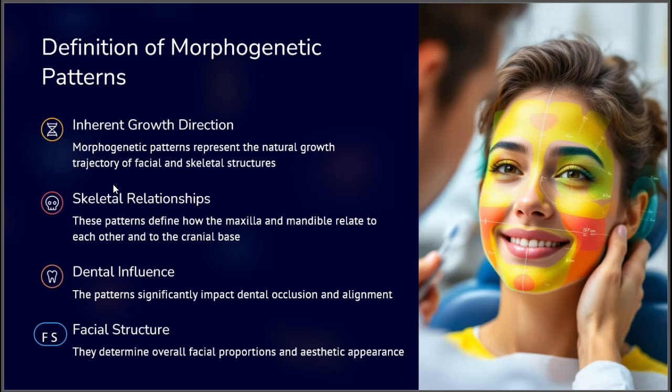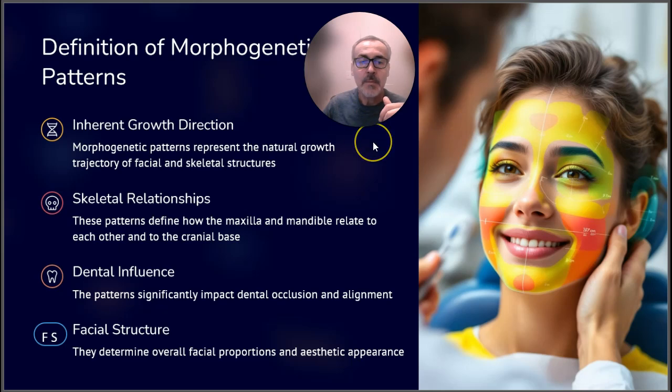When we're looking at the maxilla and mandible, they may have a more antero-posterior growth, and that will essentially determine the skeletal relationships: whether we're going to end up with a class 1, class 2, or class 3, or a balanced skeletal relationship, or a small mandible in a class 2, or an exaggerated growth of the mandible relative to the maxilla, or even an underdeveloped maxilla, which basically gives us that class 3 component.